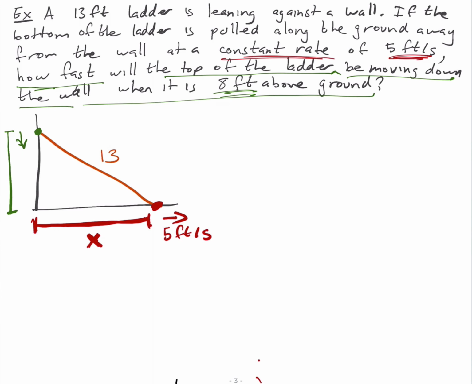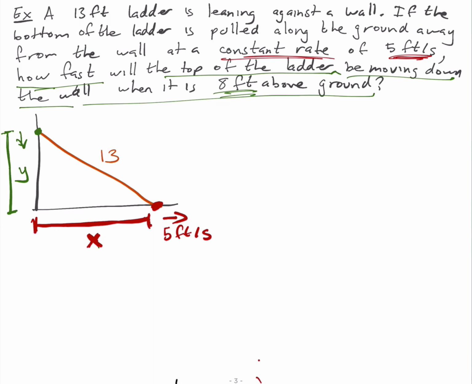What should I label that? H? But I labeled this one X, so it should be Y, right? X and Y, L and H, it doesn't matter. You can pick whatever you want. A's and B's, Z's and Q's, epsilons and deltas. But X and Y is pretty common.